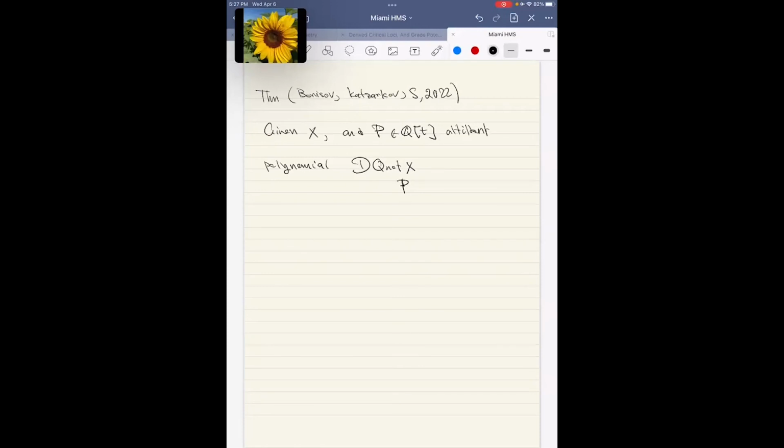Why do we do that? Because these are the things that, after modding out by automorphisms, give us a moduli space of sheaves. So we showed that this, divided by GL_M, where M can be determined by the Hilbert polynomial P, has the following property.